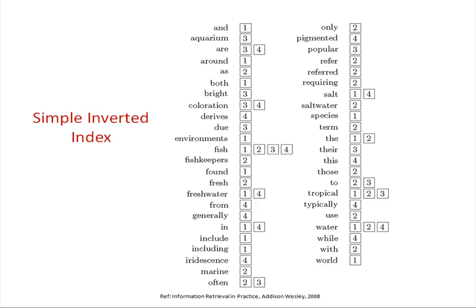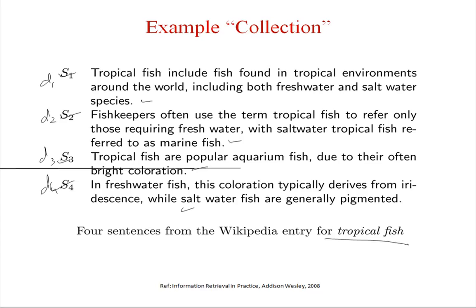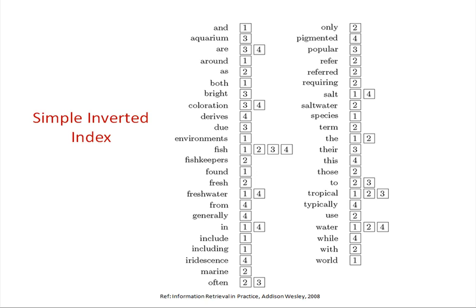For example, aquarium exists in sentence S3, which we considered as document D3, and doesn't exist in any other document. Similarly, coloration in 3 and 4, fish exists in all 4 documents, and so on. This is a simple inverted index in which we assign the document IDs in which the given terms exist.